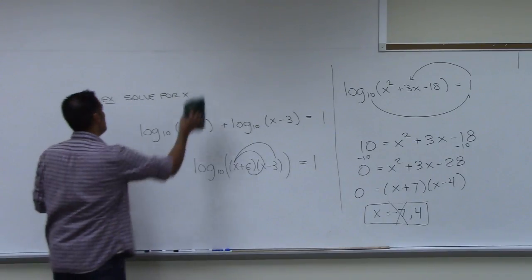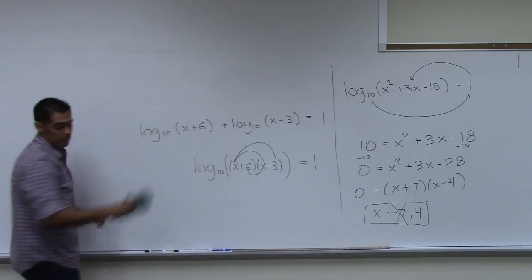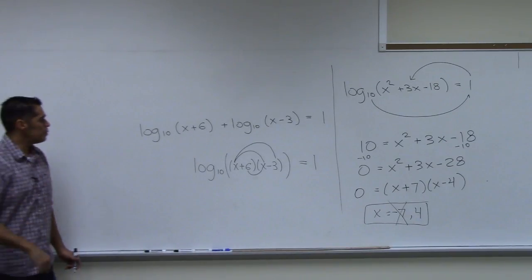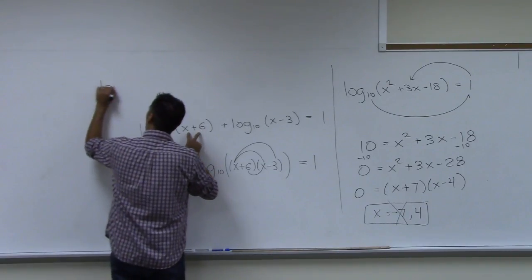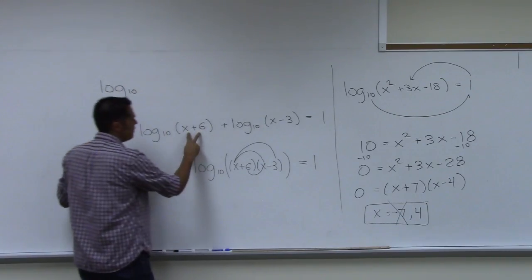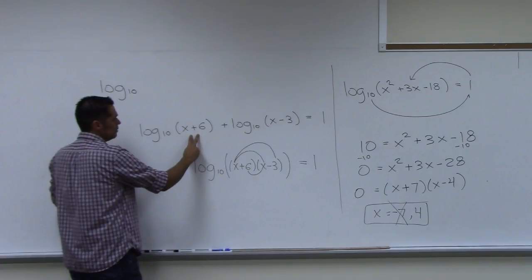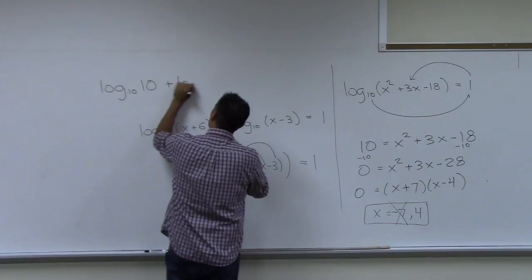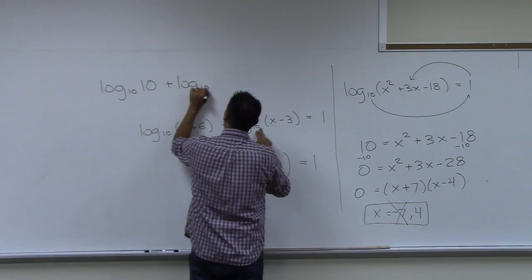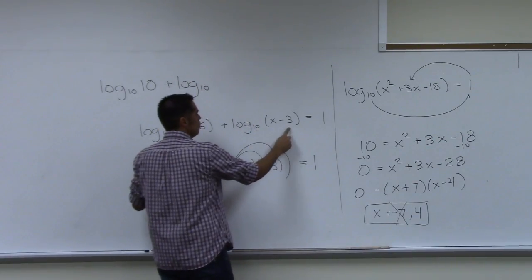Now, I'm going to actually plug it in because I want you to see that it is the correct solution, but this will also bring up some of the other properties from last class. If I plugged 4 in here, this would be log base 10 of what? If I put 4 here. 10. And then plus log base 10 of what? 1.